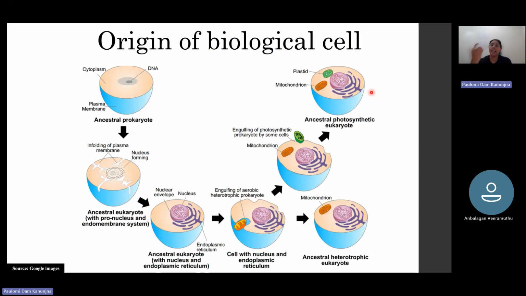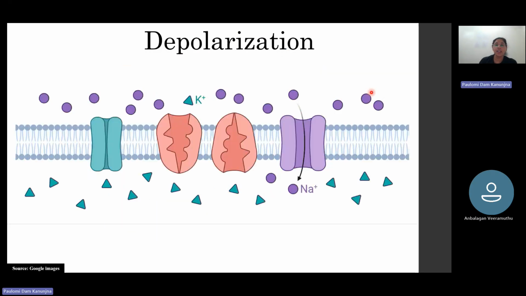The main highlight of this part of the lecture was to make you realize that the cell is enclosed by a plasma membrane, and the importance of that will come when you do the electrical conductance of action potential, right? And that's how you connect it.